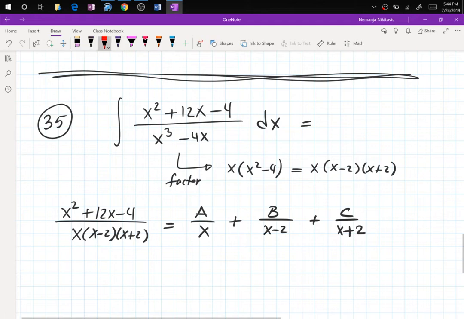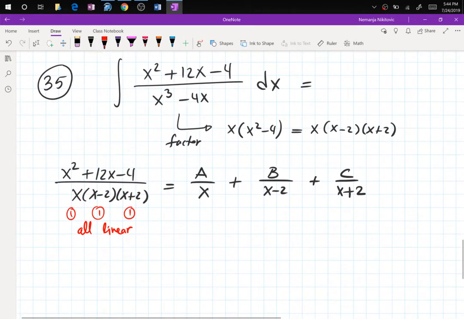So it's case 1, case 1, case 1, all linear, and they don't repeat. Remember, case 2 is a repeated linear. If you had x plus 2 squared, then that's a repeated linear. But these are all single linears. So yes, we are shoveling the cheapest possible problems. Great, so we have our setup.